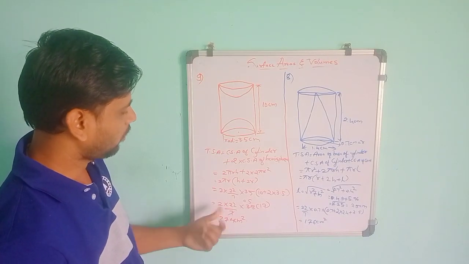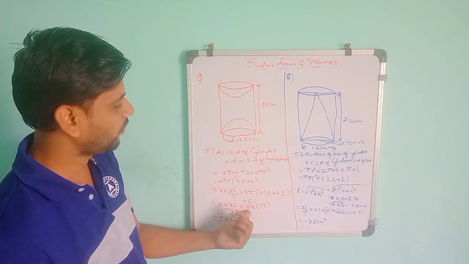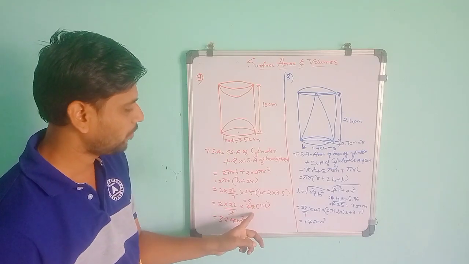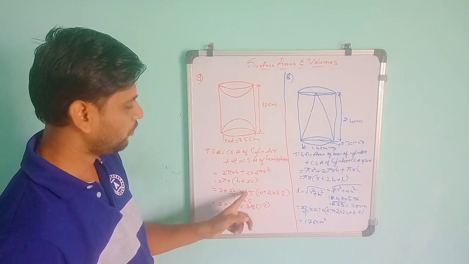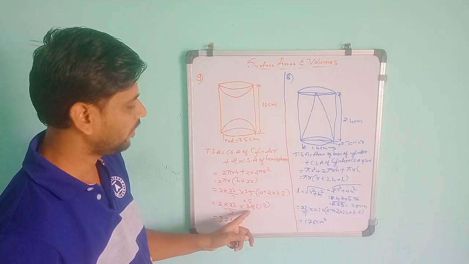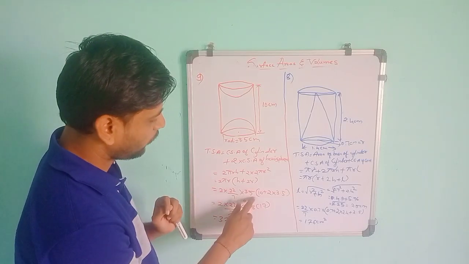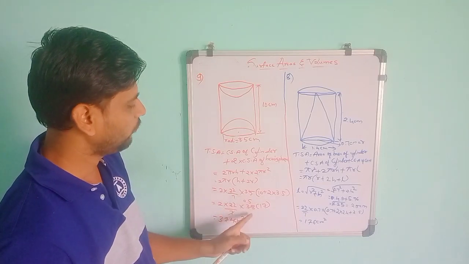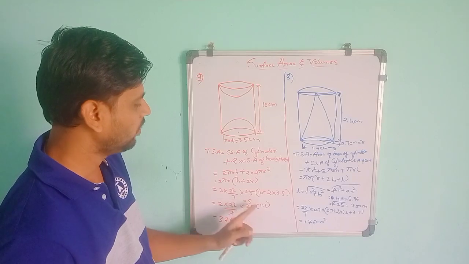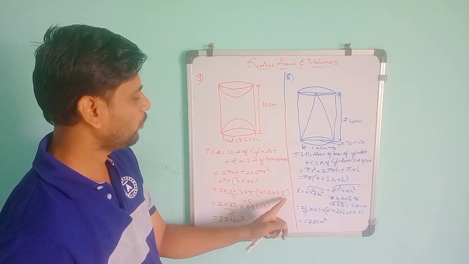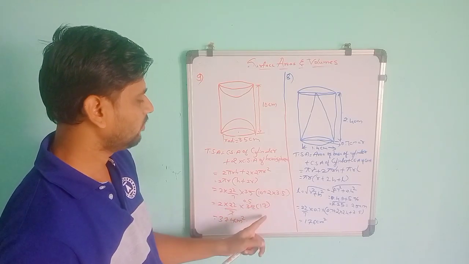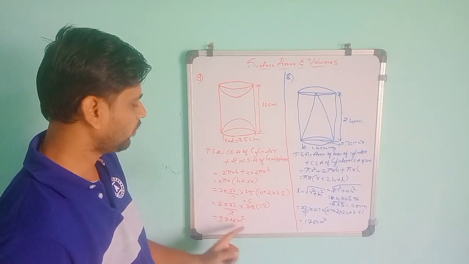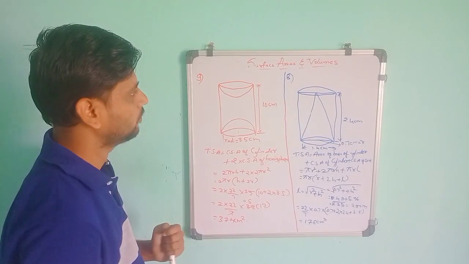You can also write 3.5 as 7 by 2, which is nothing but 3.5, because otherwise the decimal simplification will take longer. So you can write 3.5 as 35 by 10 or 7 by 2, both are the same. 2 into 3.5 is 7, 7 plus 10 is 17, and 17 into 22 gives 374 centimeters square.